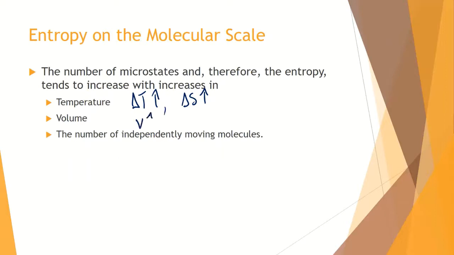So with increases in volume, we will also see increases in entropy change. And the number of independently moving molecules: as our number of moles changes, so will our delta S. So those are the things that we want to think about as we're going through this experiment: what are some things that are happening that we can observe and use to predict?